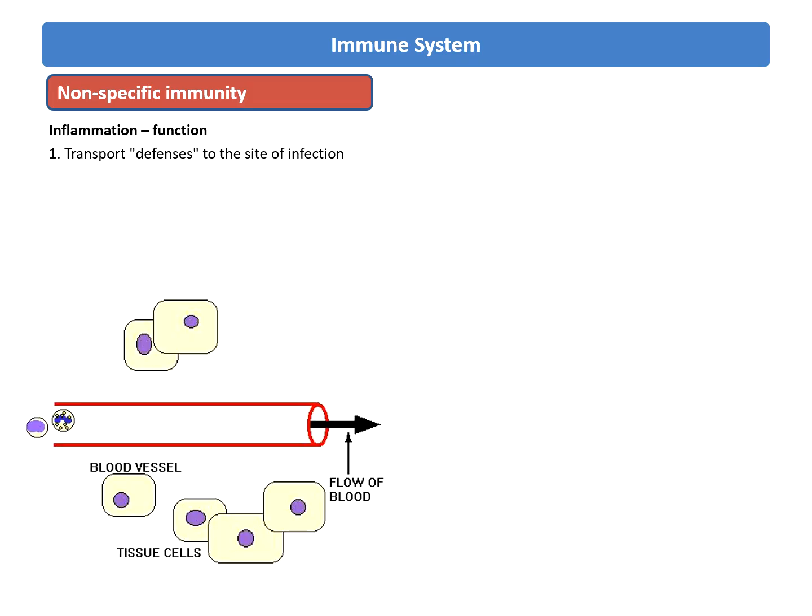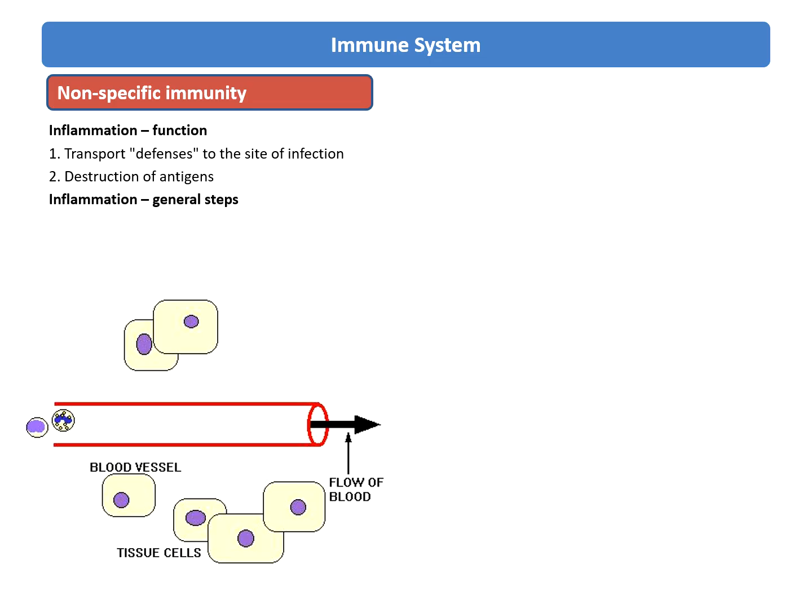About inflammation. Well, inflammation is a way of transporting the body's defenses to the site of an infection. It also destroys the antigens. Inflammation has several general steps. Now, here's a view of a blood vessel in a tissue.